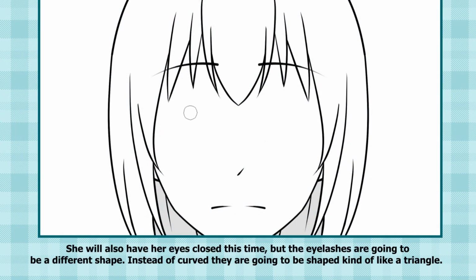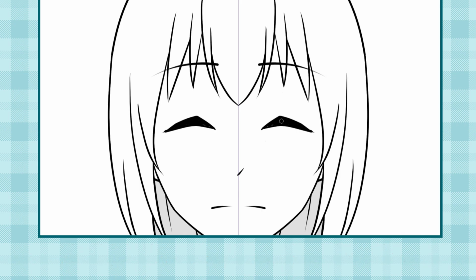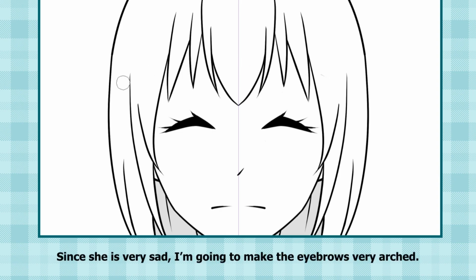She will also have her eyes closed this time, but the eyelashes are going to be a different shape. Instead of curved, they're going to be shaped kind of like a triangle. Since she is very sad, I'm going to make the eyebrows very arched.